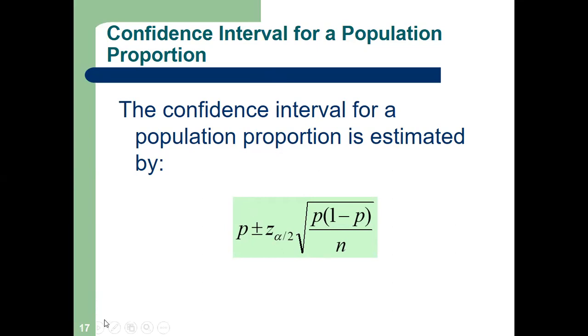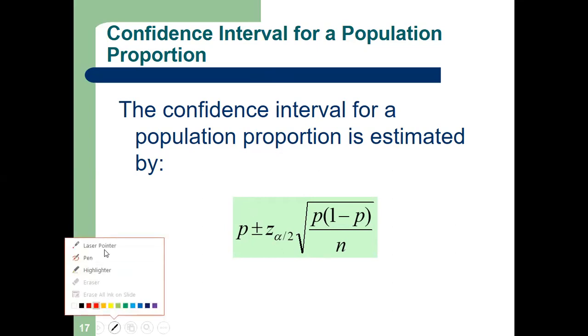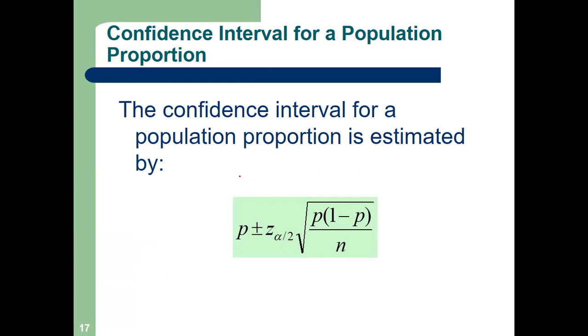So another, third set of formula will come, that is this one. This formula is for what? If the data is not in the form of a mean, if the data is in proportion. So I will give you an example so it will be more clear.